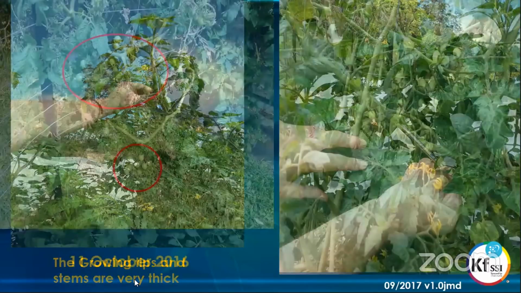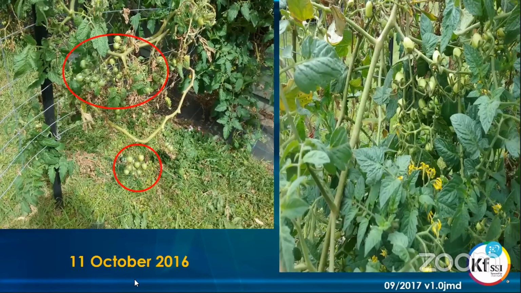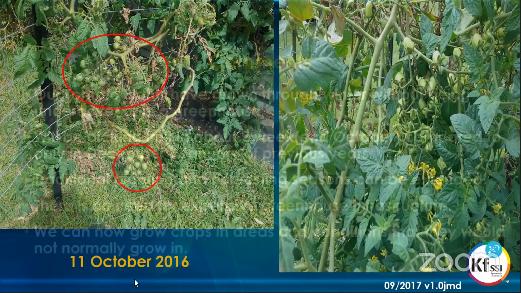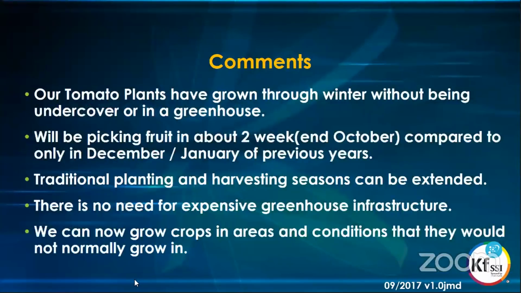And then in October, we had huge bunches of tomatoes there already, all starting to ripen, and lots of flowers. So this had really taken off during that winter time. Our comment on that one was that these plants had grown through winter without being undercover or in a greenhouse, and we would have been picking the fruit at the end of October compared to maybe December or January of previous years.